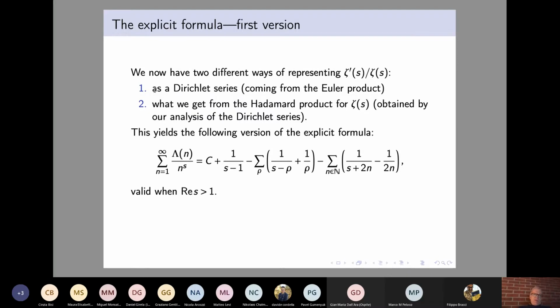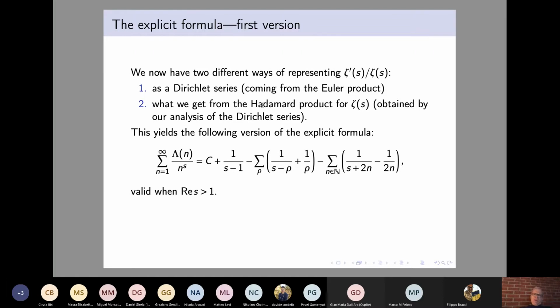The first thing we did was to use the Euler product to obtain a Dirichlet series for zeta prime over zeta. Secondly, now that we know that zeta has a meromorphic extension, just one pole at 1 and otherwise analytic, we can show that, if you disregard the pole, we have an entire function of order 1, and such functions can be represented by Hadamard products.